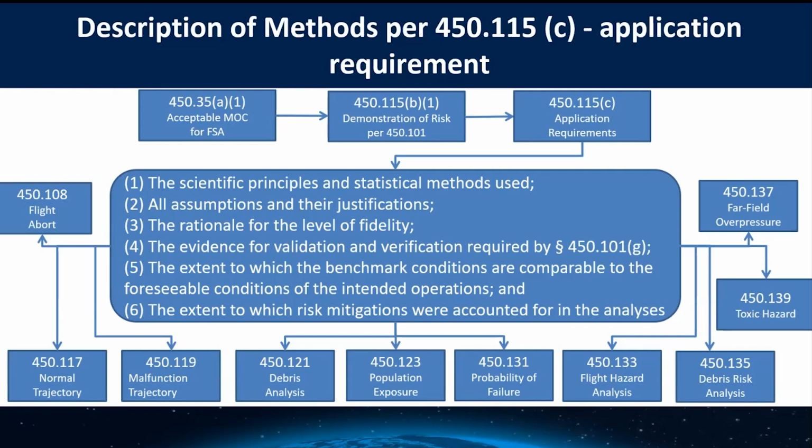These requirements apply to all of the 10 sections of FSA that I have previously mentioned, from flyout to normal trajectories, malfunction to probability of failures, toxic, debris, population, risk analysis, and flight hazard development.